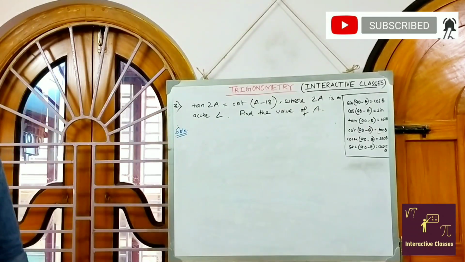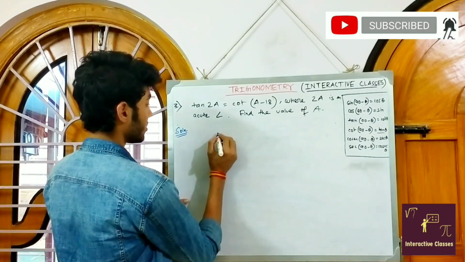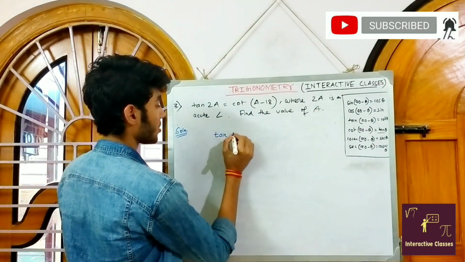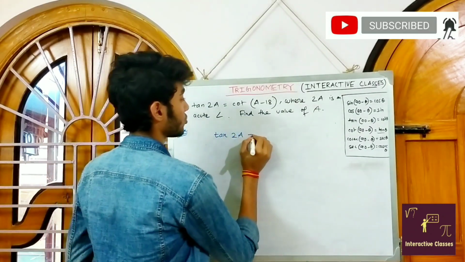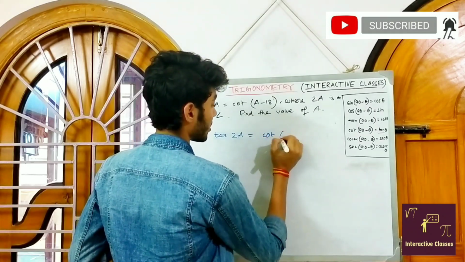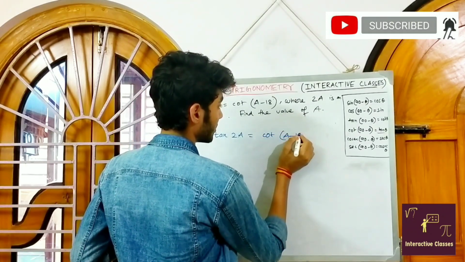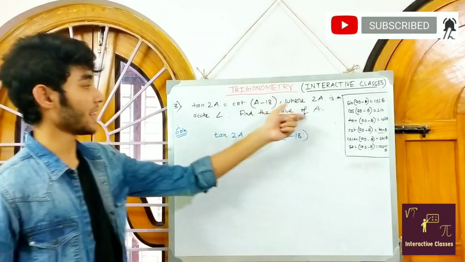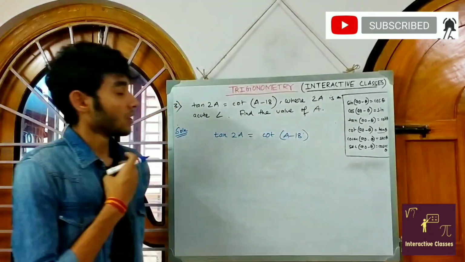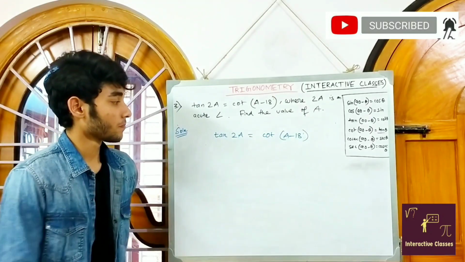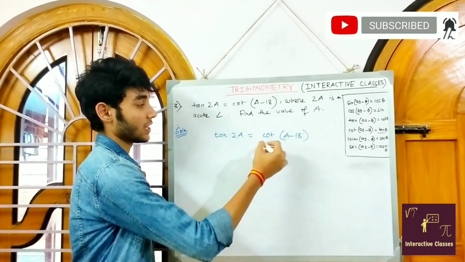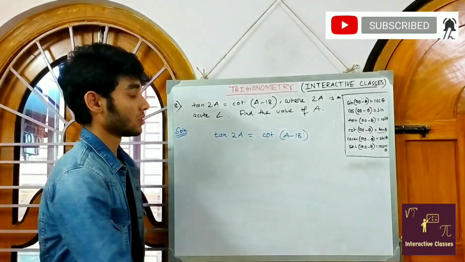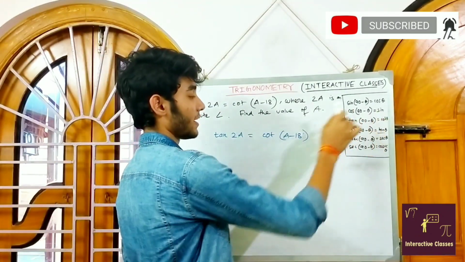tan 2A equals cot A minus 18, where 2A is an acute angle. Now we will change this cot in terms of tan. See, cot theta is tan 90 minus theta.